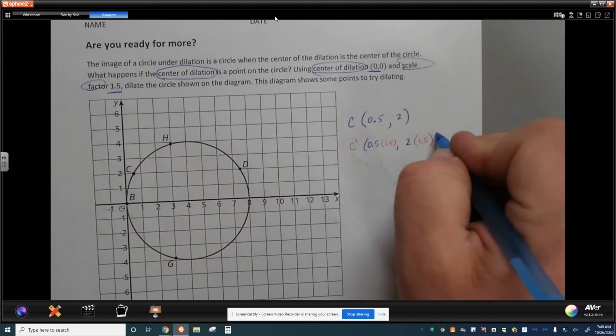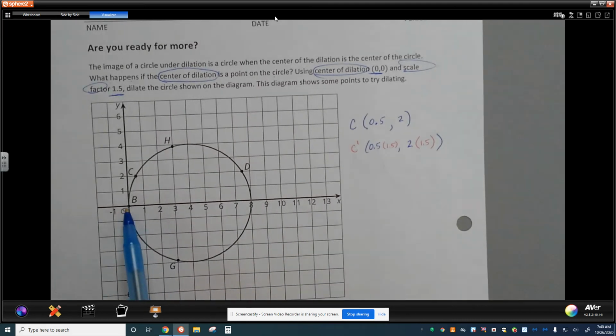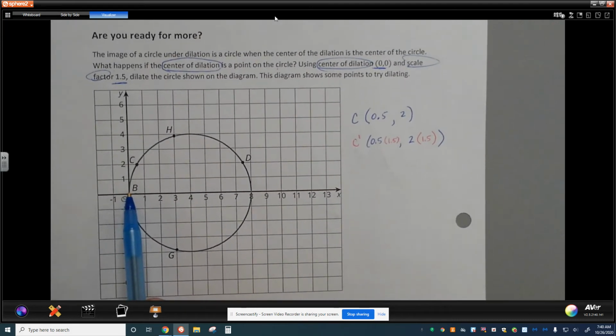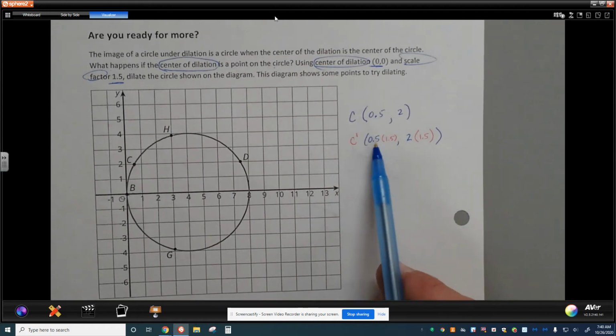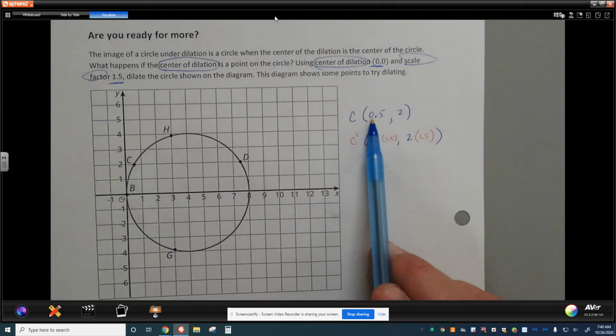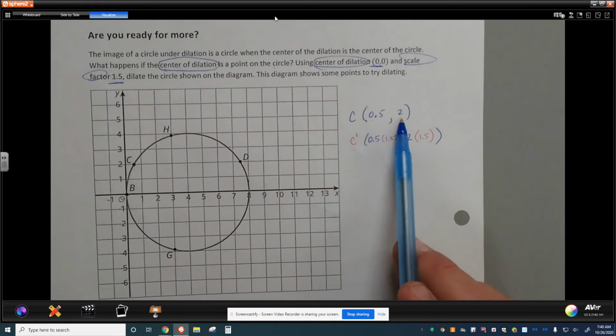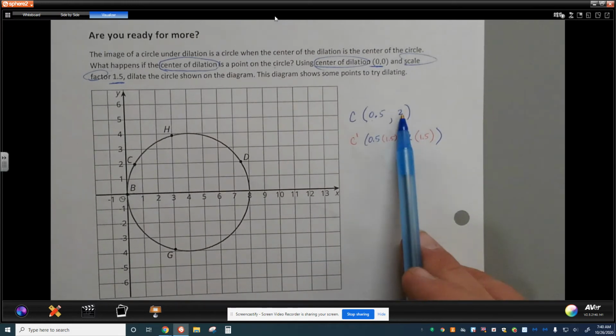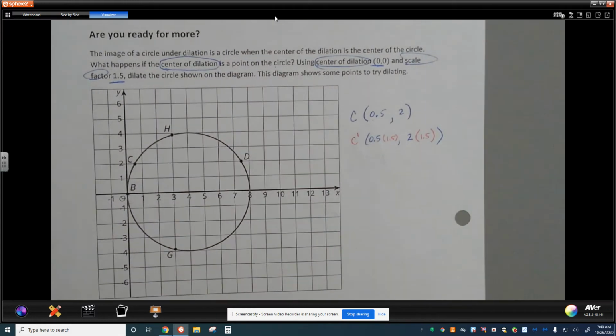Both of these are distances from that center of dilation. We have two distances because we're on a coordinate plane. We have the distance along the x-axis and our distance along the y-axis.